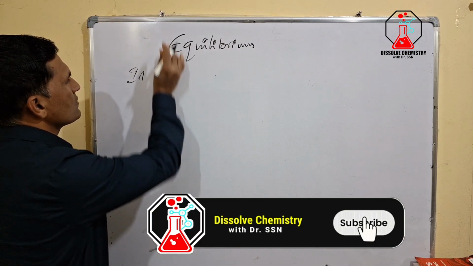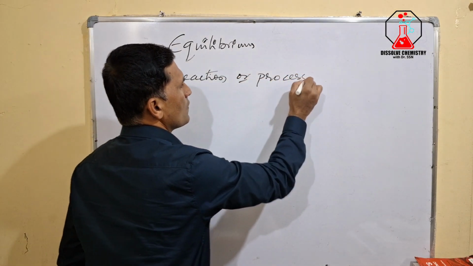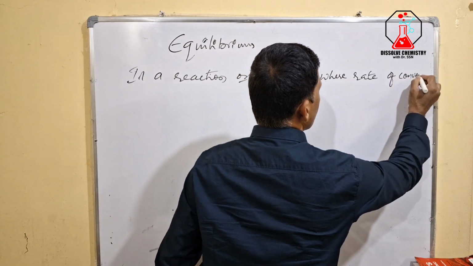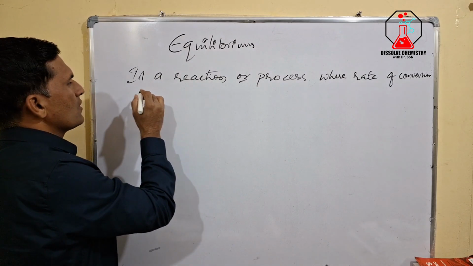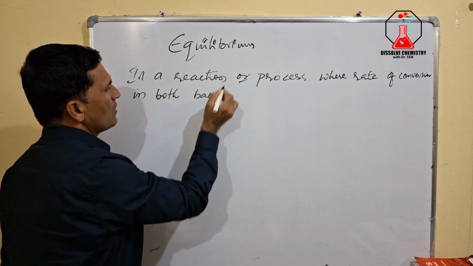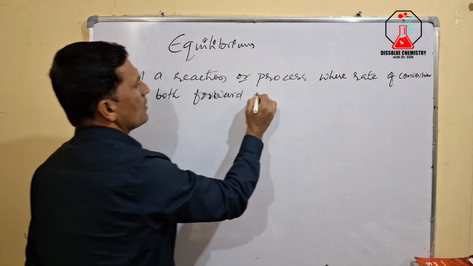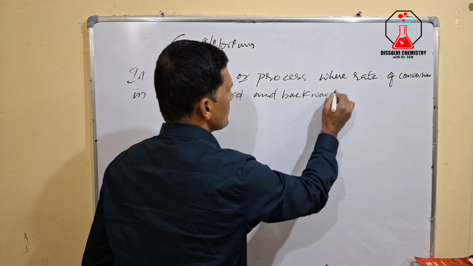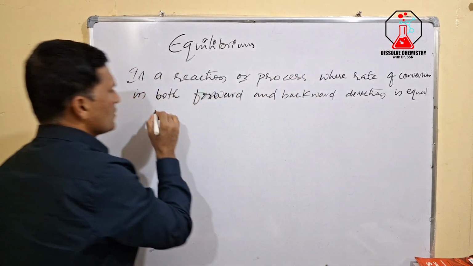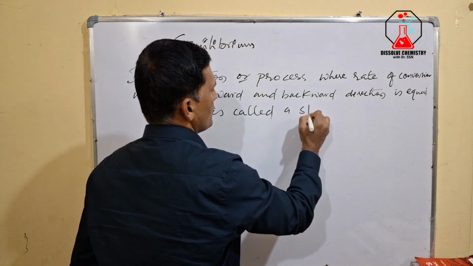In a reversible reaction, or you can take it as a process, reaction or process, where the rate of conversion in both forward and backward direction is equal, then it is called a state of equilibrium.